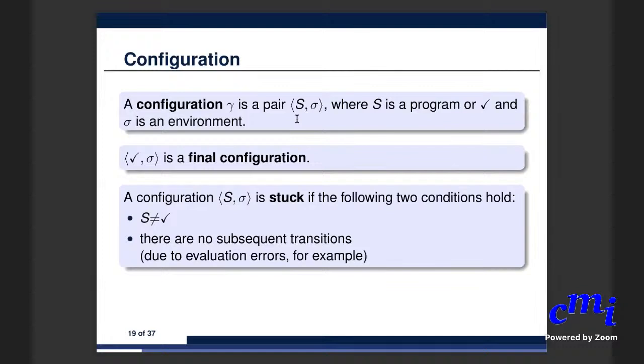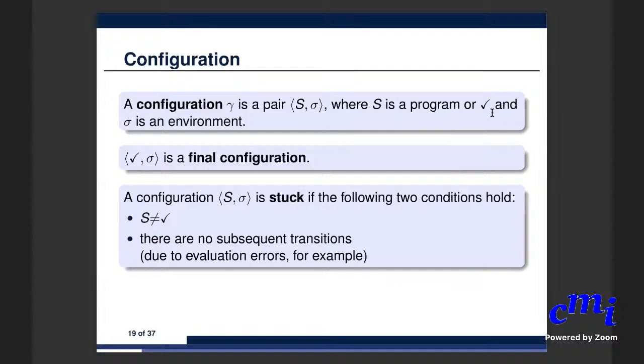So here, since we deliberately want to make it structural, we define a configuration, which is actually a pair, where the first component is the actual program, and the second component is the current environment, the result of having executed the program S up to a certain point. So we maintain both the program as well as the environment as the program executes.